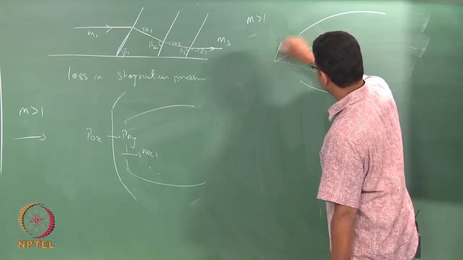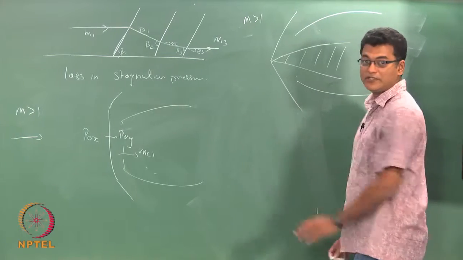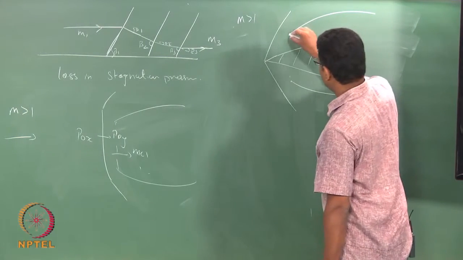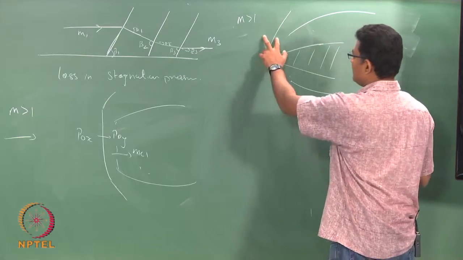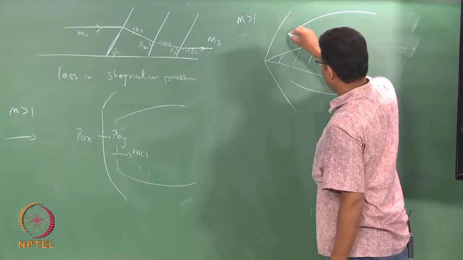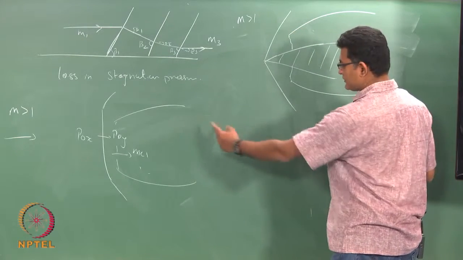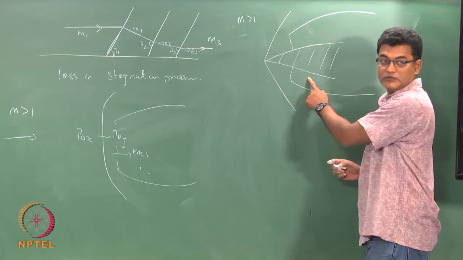So I would have a shock here. Okay, so I have an oblique shock here. Now the oblique shock will have a supersonic Mach number behind the wave. So that would create another shock here. So instead of one strong shock, now I have two shocks here.